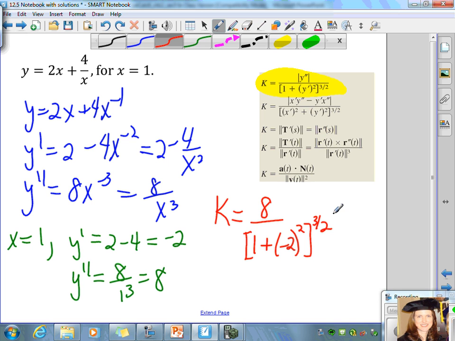This can be simplified to 8 over 5 to the 3/2 power. That's going to be our curvature. The radius of the curvature is the reciprocal, 5 to the 3/2 divided by 8.